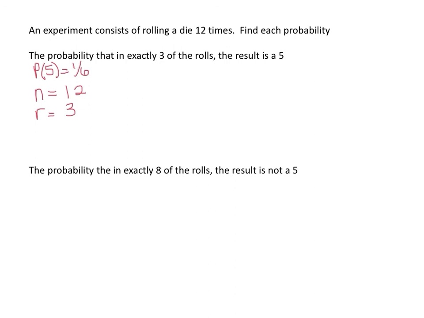So that's what I'm going to put into my calculator. So just to show you what needs to go in, you're going to go to binomial PDF. You'll first put in your N. You'll put in your probability. And then you'll put in your R. And when you do that, you'll find the probability is approximately 0.197.